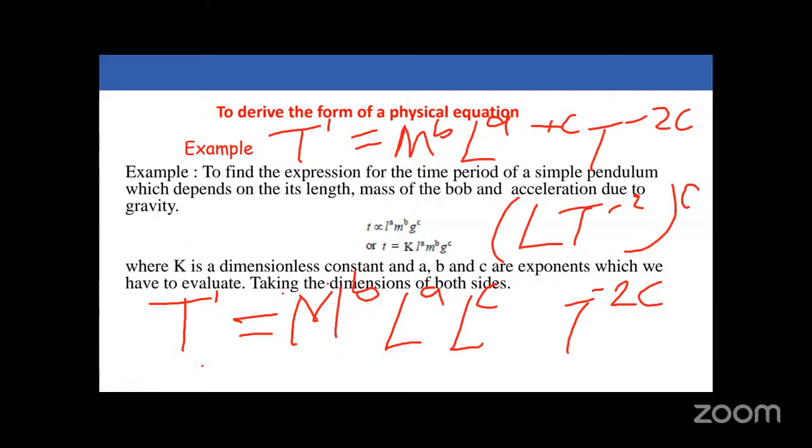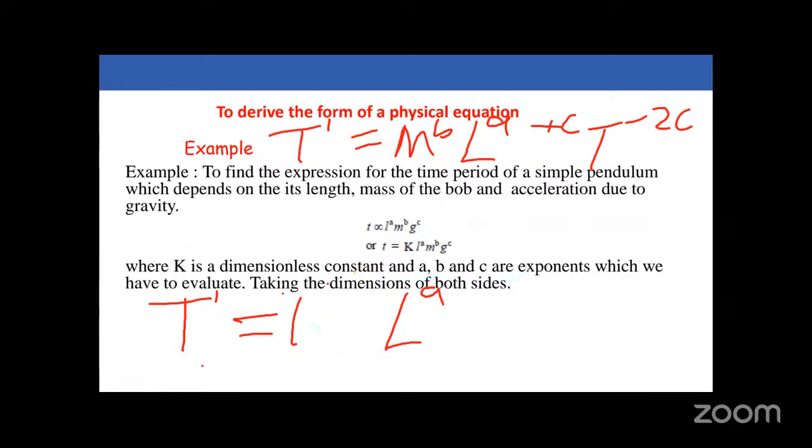Now, we are going to compare what we have on the right and what we have on the left. On the right, there is no M, so B will be equal to 0.